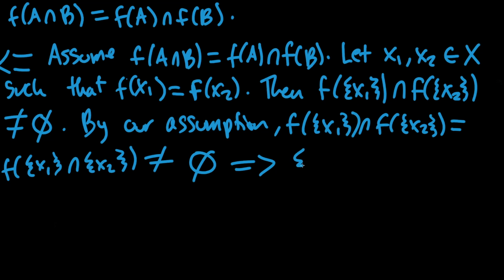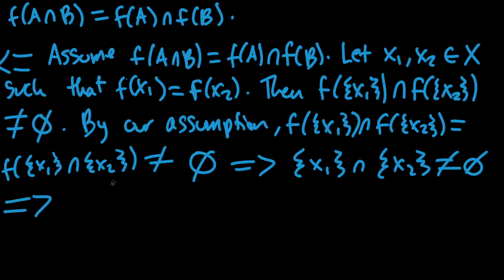So this actually implies that x1 intersect x2 is non-empty, right? Because if x1 intersect x2 was empty, then we would be mapping the empty set to something non-empty, which isn't possible. So that implies that x1 intersect x2 must be non-empty, and this actually implies that x1 equals x2, right? Because if x1 intersect x2 is non-empty, that means that x1 and x2 must be the same element.